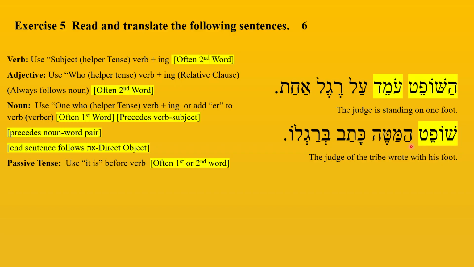Shofet ha mate katav be raglu. All right, so again, first position, participle, probably subject, could be a word pair, and it is a word pair.